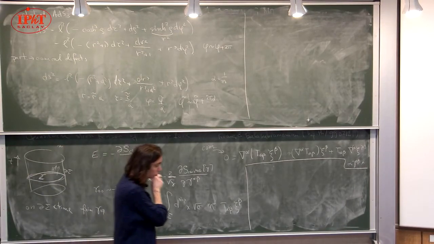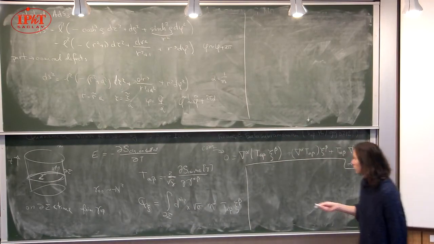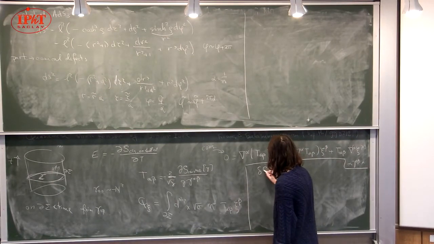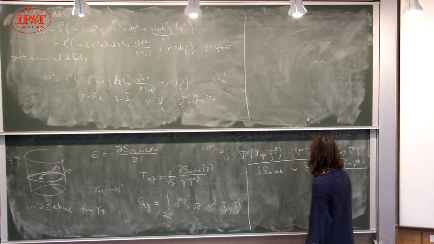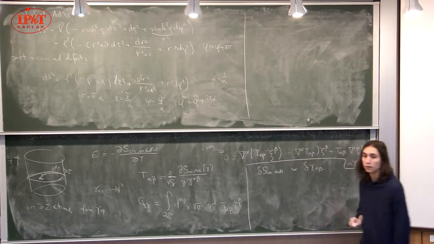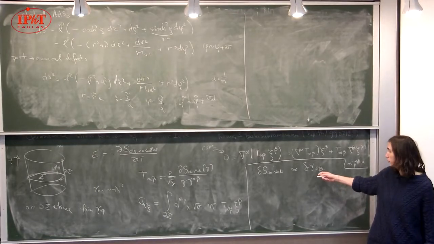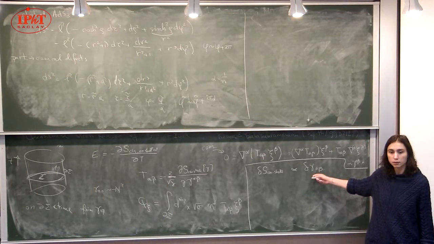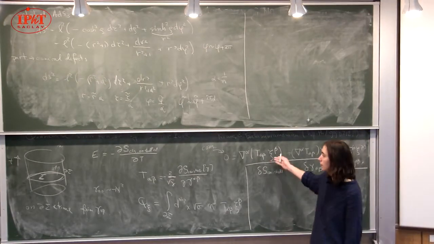In order to do that, they should better have a good variational principle, in the sense that delta S on shell is proportional to delta gamma alpha beta. Because if it's not proportional to the variation of the metric on the boundary, then they cannot fix the metric.